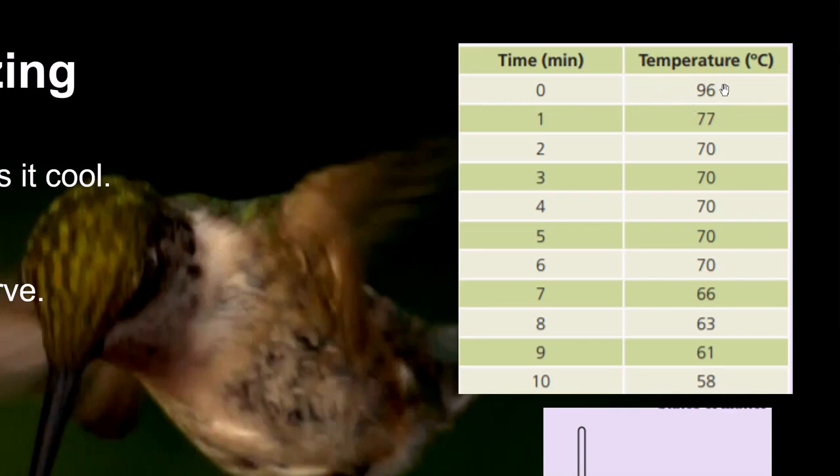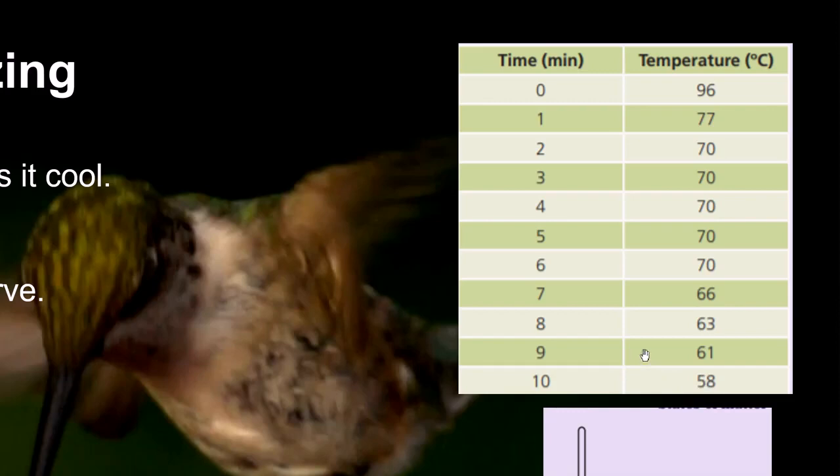At 1 minute, the temperature was 77. At 2 minutes, it went to 70. 3 minutes, 70. 4 minutes, 70. 5 minutes, 70. 6 minutes, 70. 7 minutes, 66. 8 minutes, 63. 9 minutes, 61. 10 minutes, 58 degrees Celsius.